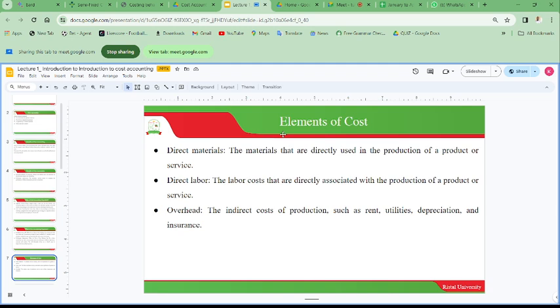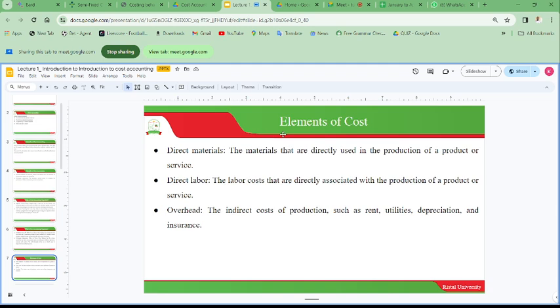materials that are directly used in the production of a product or a service. In other words, these are materials that can be easily traced and directly identified within a specific unit of product. So they become an identifiable part of the finished good.